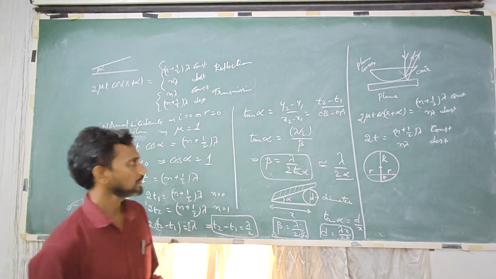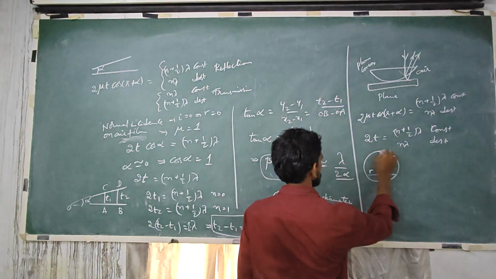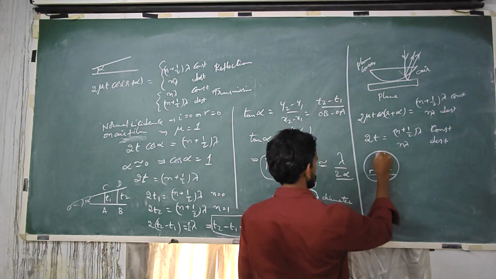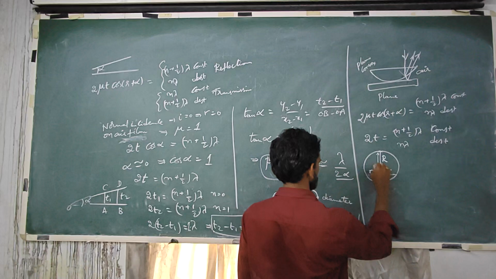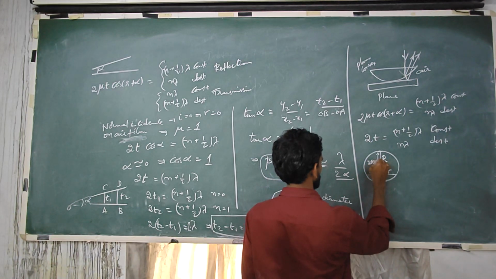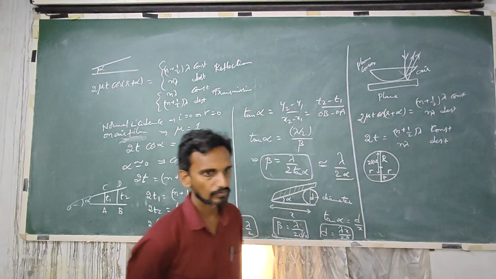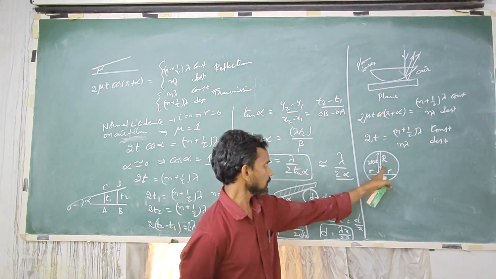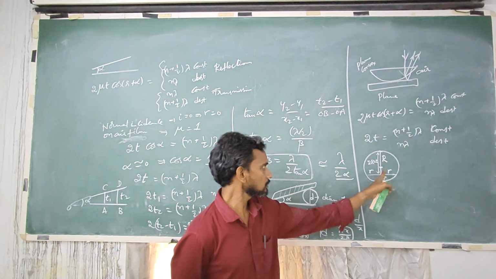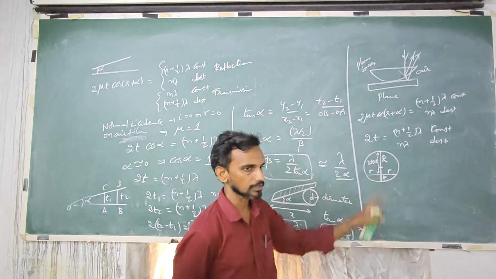Okay, so this distance is r, we assume. So this total distance is 2R minus t. This is r, 2R minus t, 2R minus t and t.